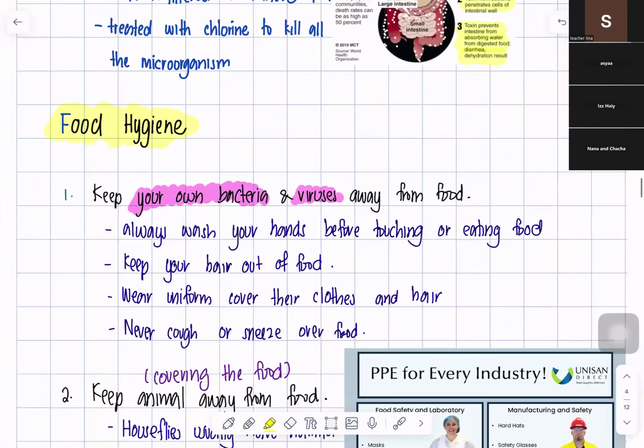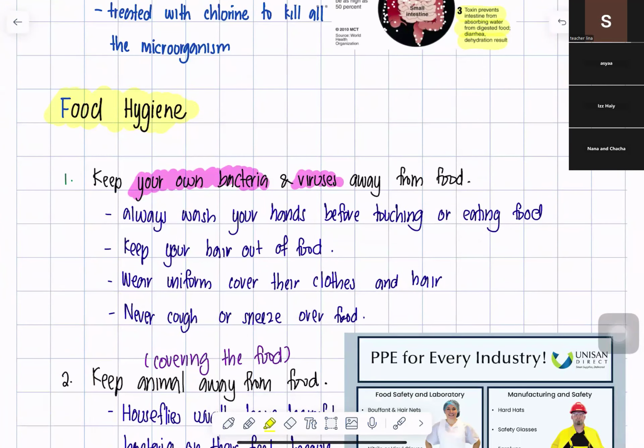Okay, food hygiene. Keep your own bacteria and virus away from food. How? You need to always wash your hands before you touch or eat food. You also need to keep your hair out of the food.